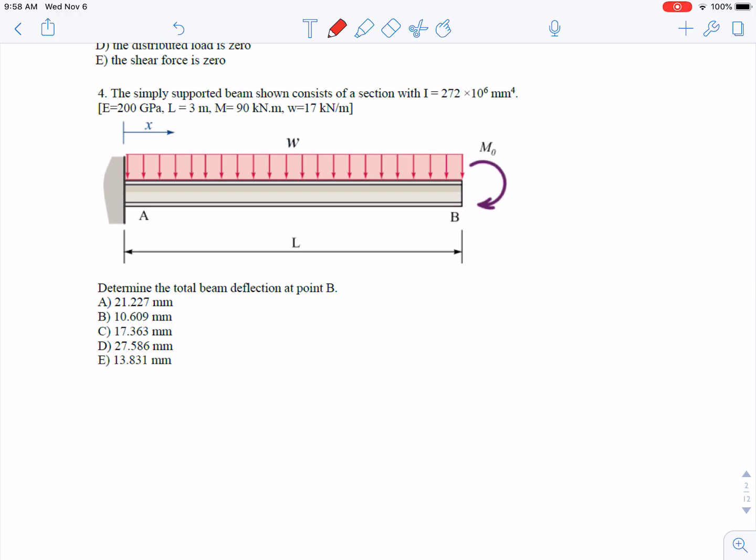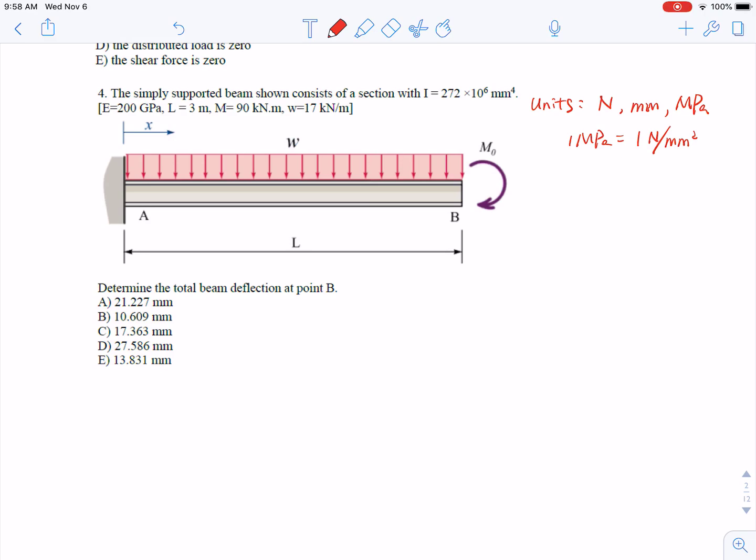In this system, of course, we will do the calculations in terms of this set of units: Newton, mm, and MPa. Since 1 MPa equals 1 Newton per square millimeter.